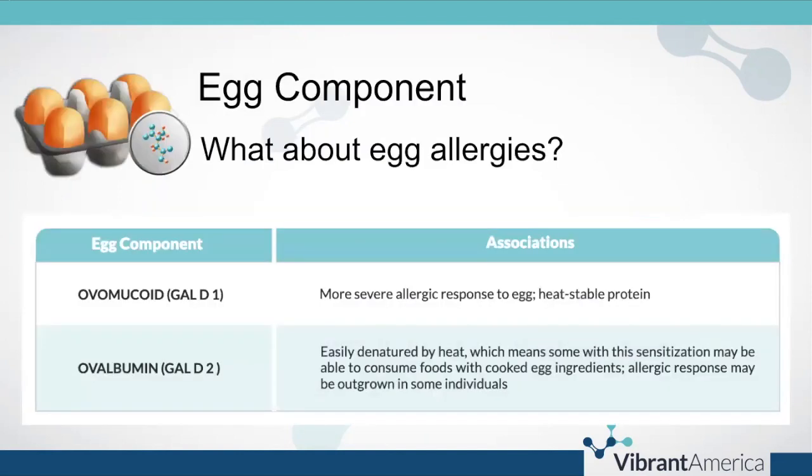There is also an egg component, so just like peanut component, where we're looking at the peptide components of these and their antigenicity as far as allergenic response goes. Ovomucoid and ovalbumin are the two proteins in egg that have been identified as major antigens for allergy response.